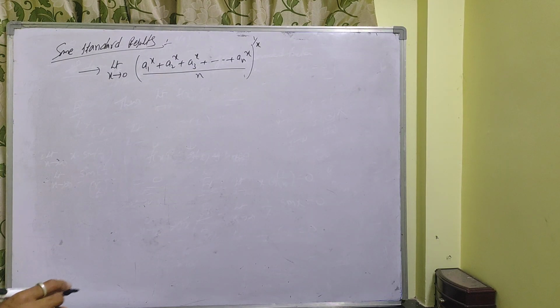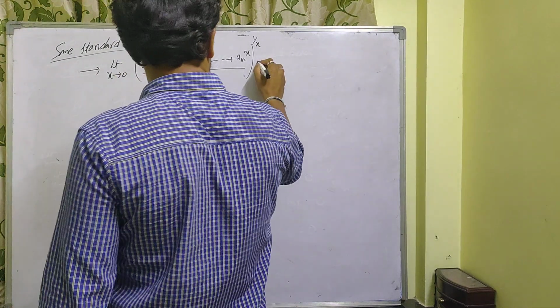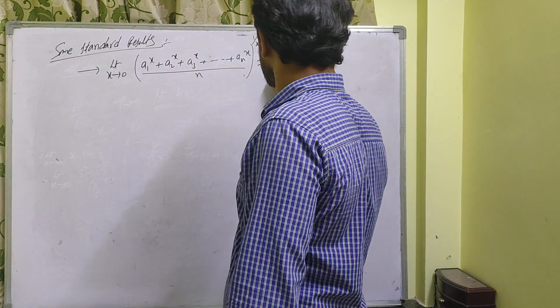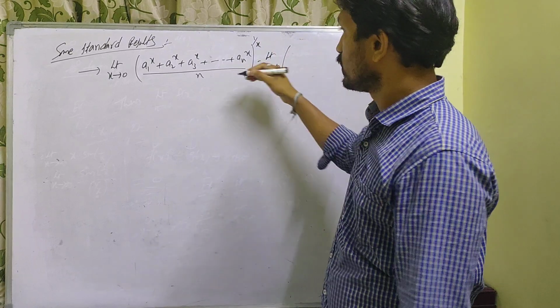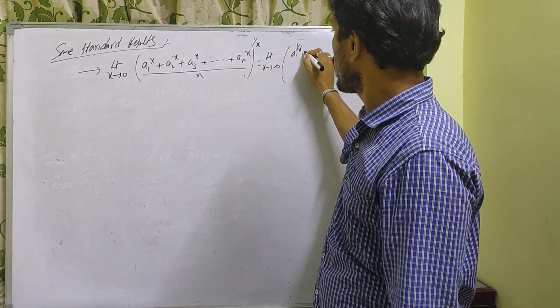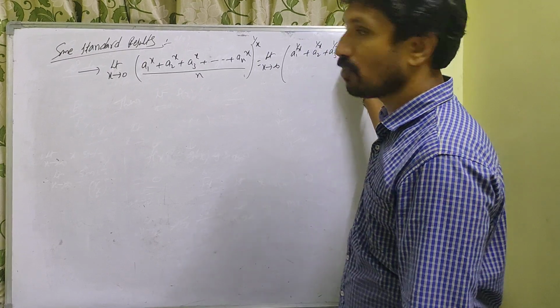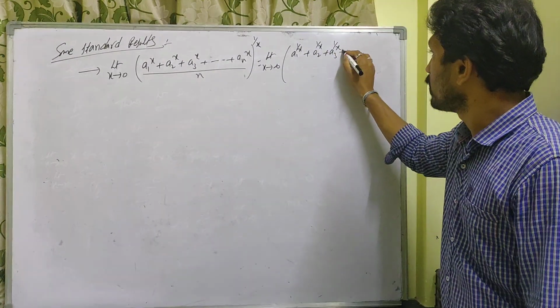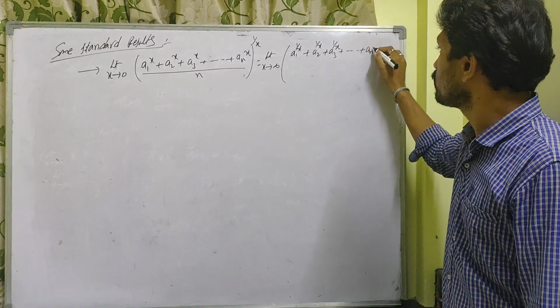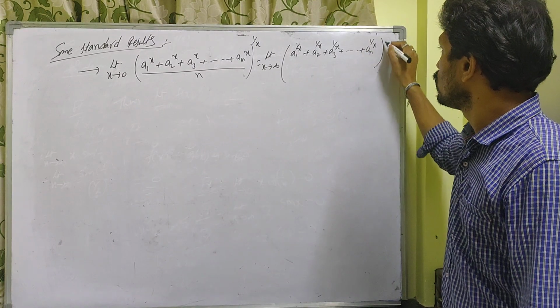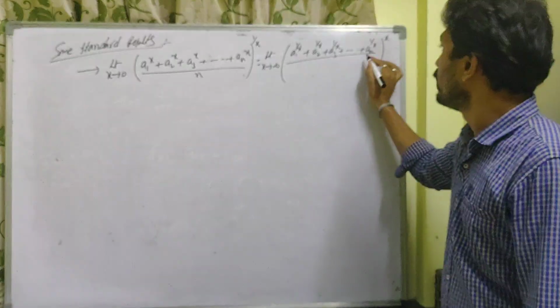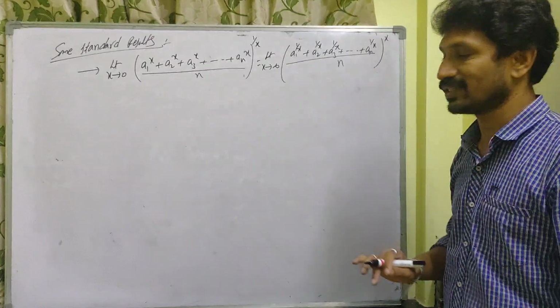Understand? This is equal to, in other words, limit x tends to infinity of (a1 power 1 by x plus a2 power 1 by x plus a3 power 1 by x plus and so on plus an power 1 by x) by n, whole power x.